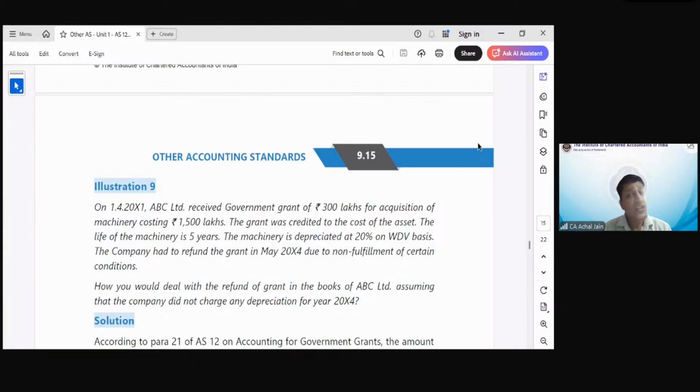In the 4th year, X4, X5, the grant is getting refunded, right? How would you deal with the refund of grant in the books of ABC? Assuming company did not charge any depreciation for X4. Okay. So in this case, for the last financial year, X4, X5, you need to ignore the depreciation amount. Correct.